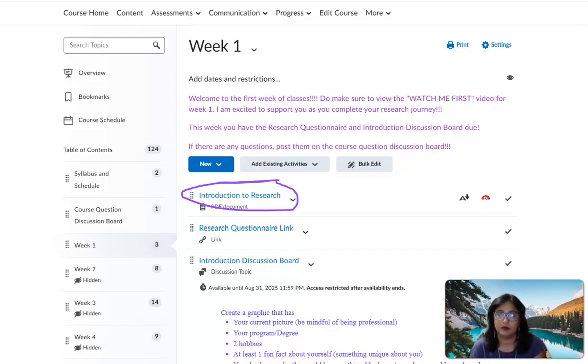I've broken down assignments in a way so that you're doing it piece by piece. I will also be looking at your literature review, which comes in week 2. But for week 1, I made a scanned copy of Introduction to Research, which talks about quantitative, qualitative, and mixed methods research actually.